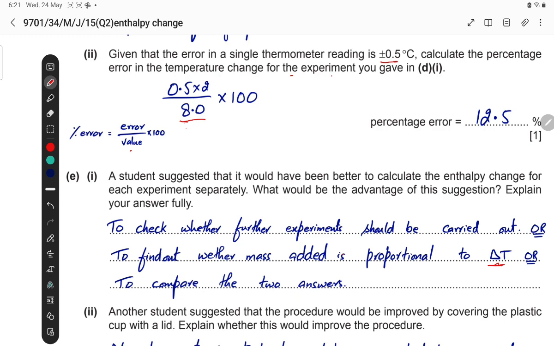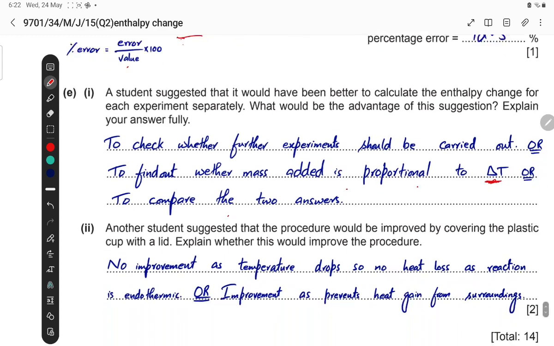So we can write down to check whether further experiments should be carried out, or to find out whether mass added is proportional to delta T. If mass is directly proportional to delta T, by increasing mass, delta T is increasing some more, temperature change, or to compare the two answers.